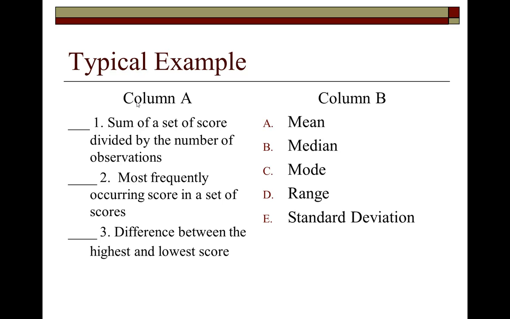And this is what your typical matching question is going to look like. They would match the items in column B with those of column A. And so you would just take your answer and write it in the blank.